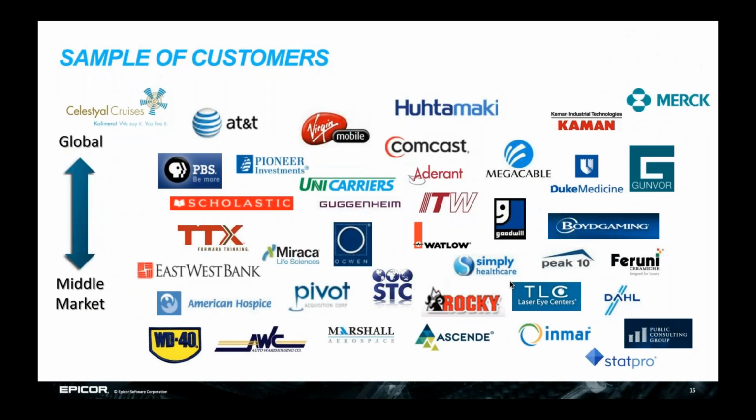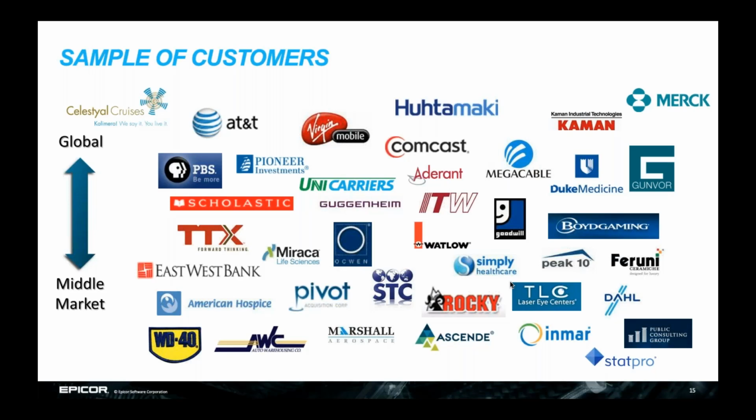When it comes to references, we have a lot of them from different verticals, all over the place. It all depends on where you come from. We can do anything from hospitality, like Celeste Cruises, which runs cruise ships on the Mediterranean Sea, to Gunvor Group, which is more like a financial energy type company, super large, with $100 billion in turnover.